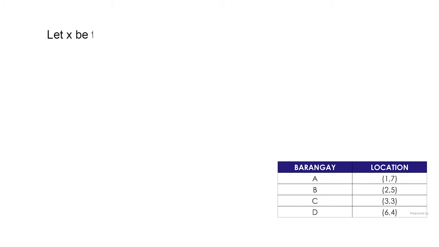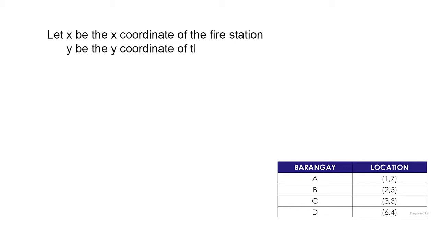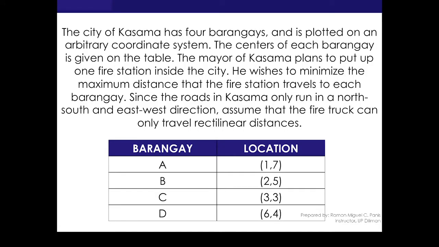So we let x be the x coordinate of the fire station and let y be the y coordinate of the fire station. Therefore, our optimum value will be a coordinate xy, which is where we will put our fire station. We want to minimize the maximum distance.